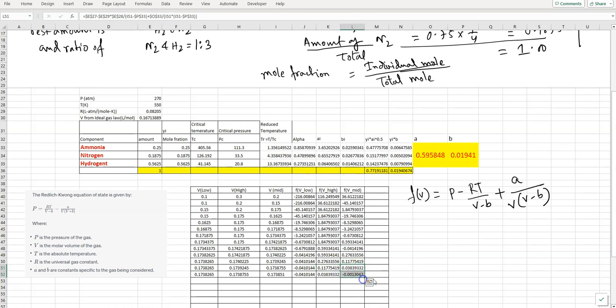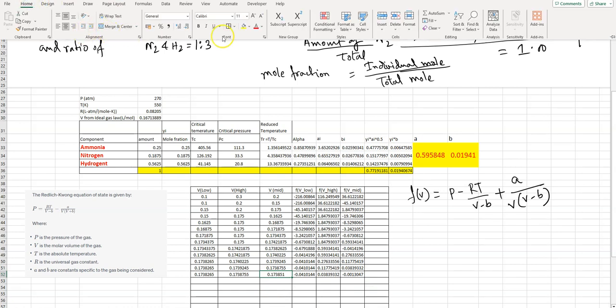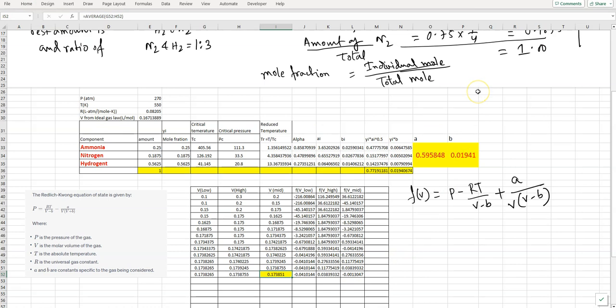Now you can see that is very low. Now we can say this is actually the specific volume, the root of the equation from the bisection method. So the specific volume of the gas is 0.1738 using the bisection method.